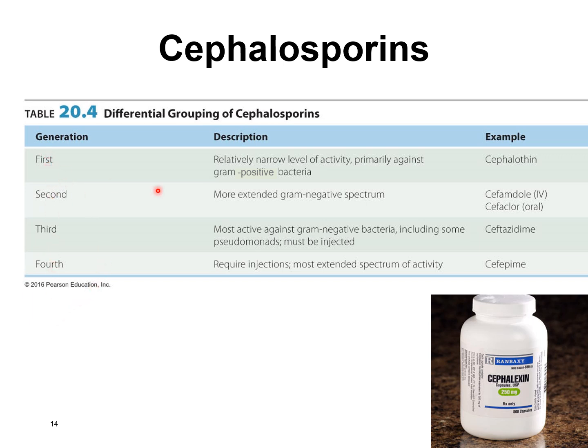So you can see this first generation gets the gram positives, and then as you get these higher generations, they're going to get more gram negatives. An example of a cephalosporin that you might have heard of is cephalexin, and that's commonly prescribed, and that's actually a first generation cephalosporin.